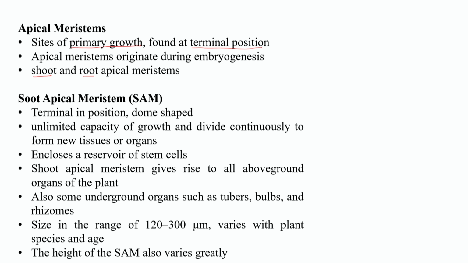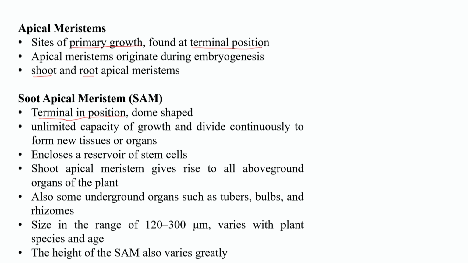Now shoot apical meristems, as we have discussed before, are found on the growing points of a shoot, including at the branches. Basically they are terminal in position, which means they are found at the tip of the plant.